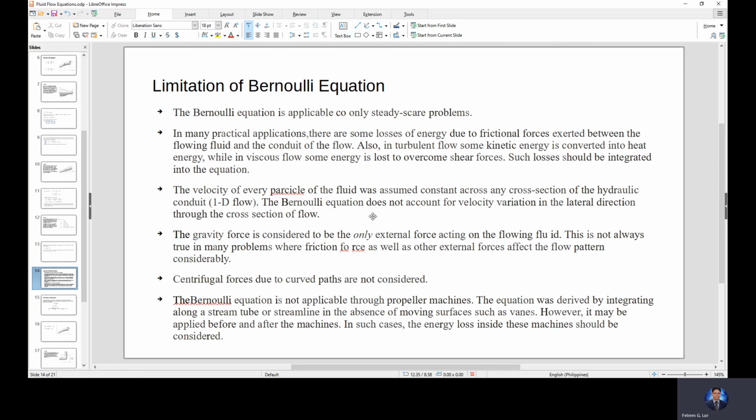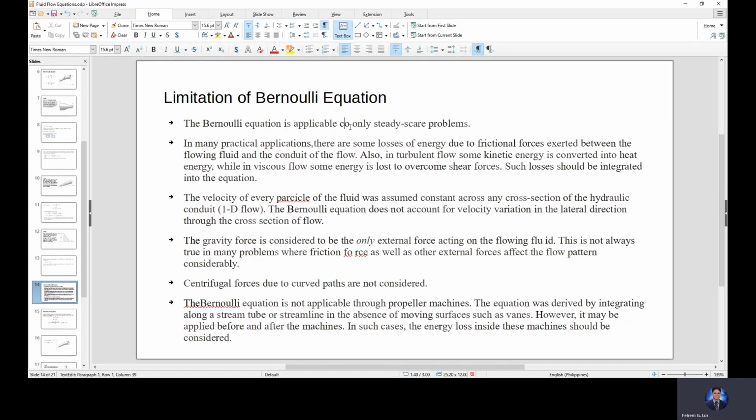Because of those assumptions, there are limitations, applicability, and also validity of this equation. First, Bernoulli's equation is applicable only in steady state problems.